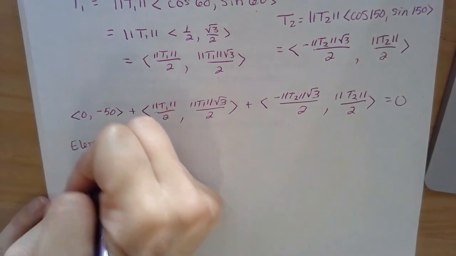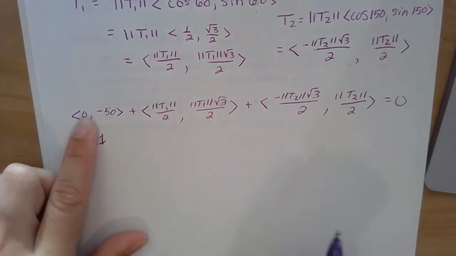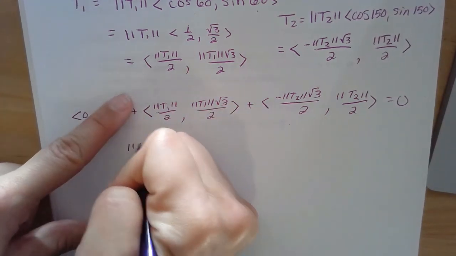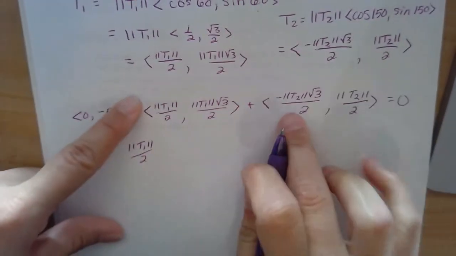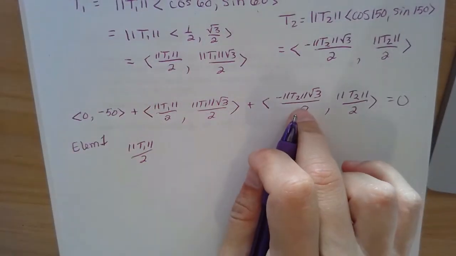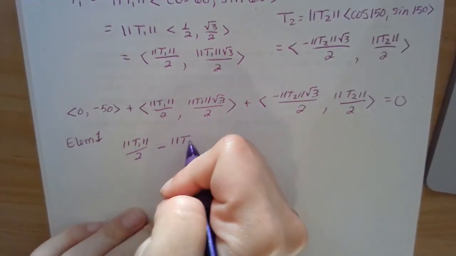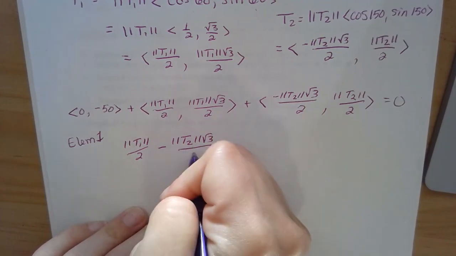So element 1, which would be 0, so I don't need to write that down. Then it would be magnitude of tension 1 all over 2 plus this, so I'm just going to put that subtraction in there, minus magnitude tension 2 square root of 3 over 2.